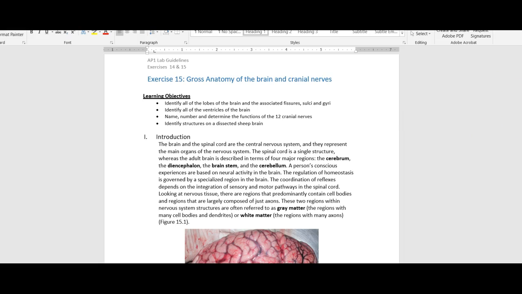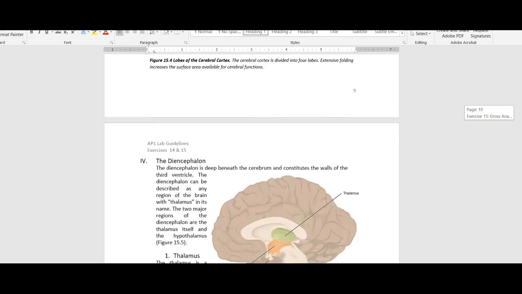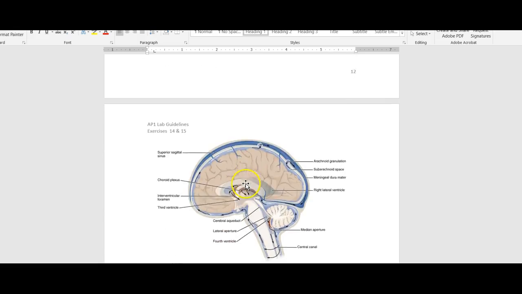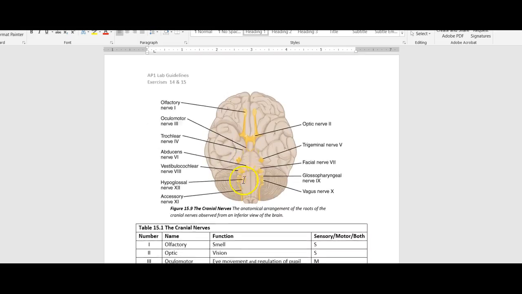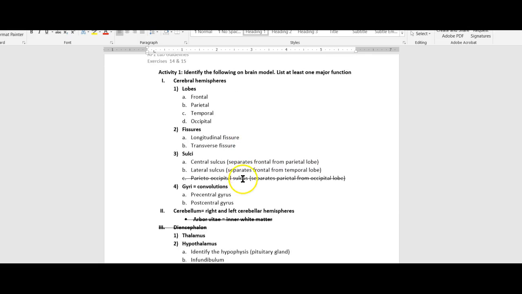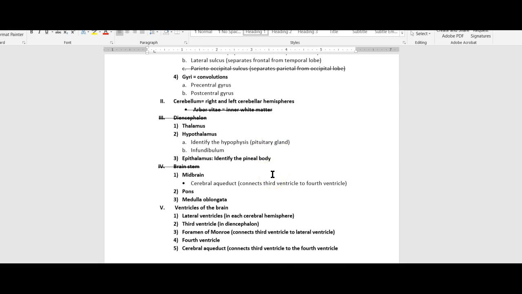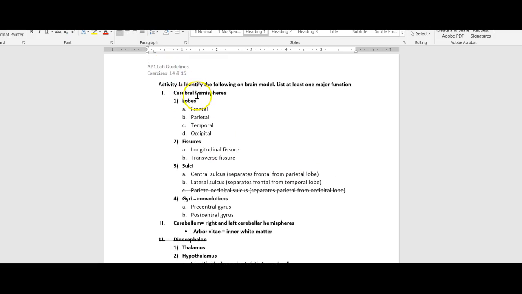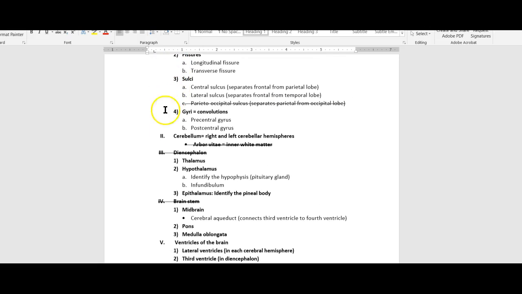Let me find the objectives, because I did cross a few things off for you. We just include so many pictures in these lab guides. So actually I didn't cross much off. If you look at this, what I crossed off was part of the cerebellum, so you still need to identify the cerebellum, just not the white matter in the middle.